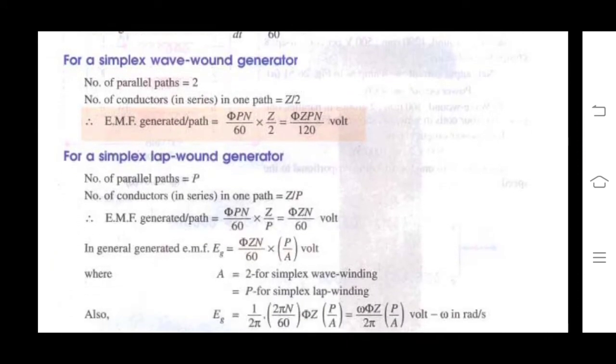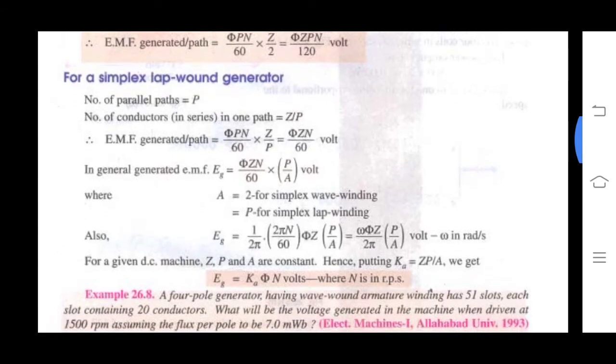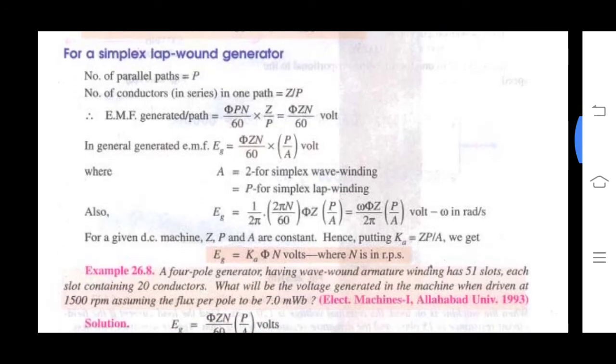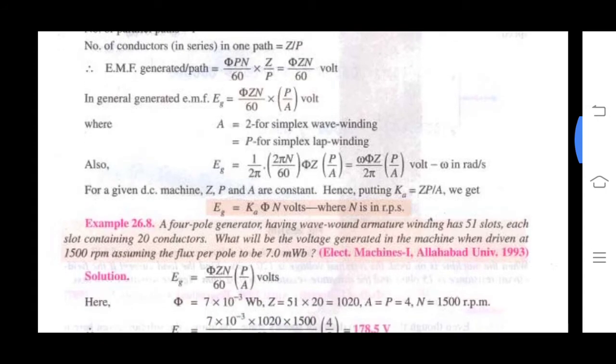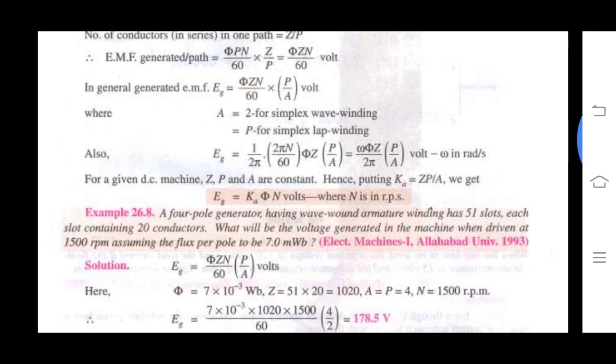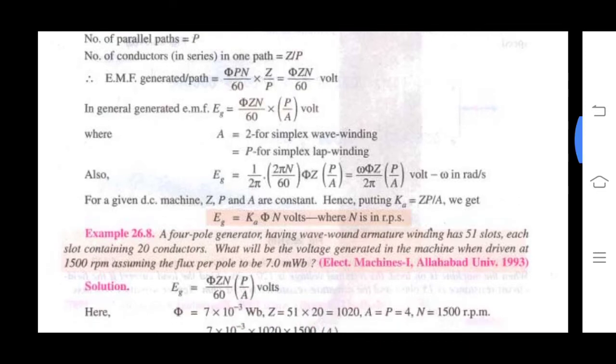If it is a simplex lap winding machine, the number of parallel paths is P, and the number of conductors in one path is Z by P. The EMF generated per path is ΦPN by 60 into Z by P, that equals ΦZN by 60 volts.